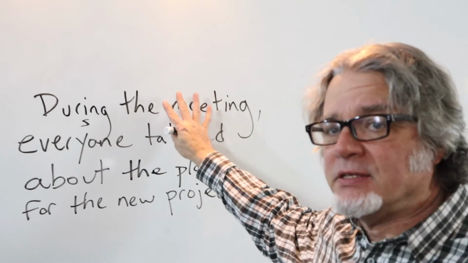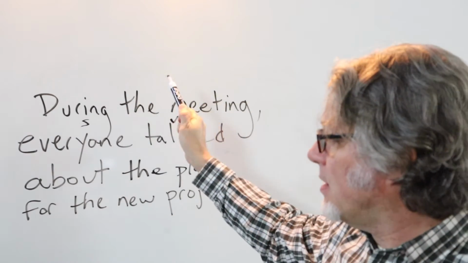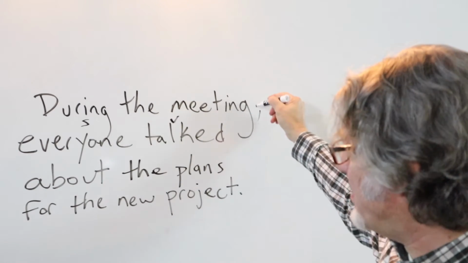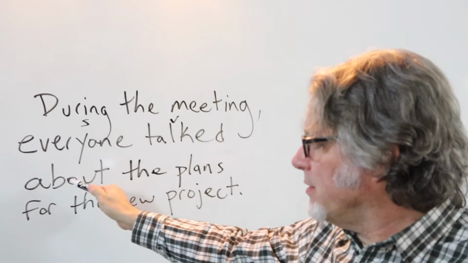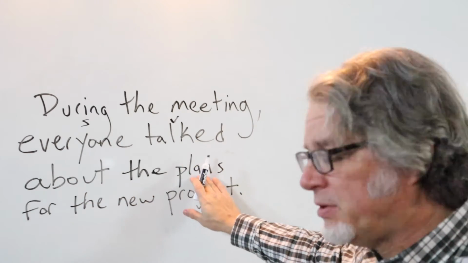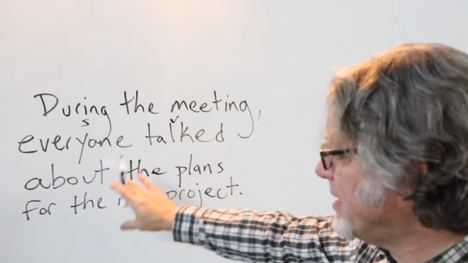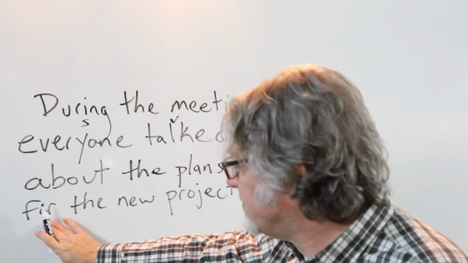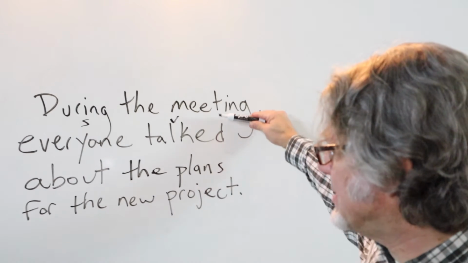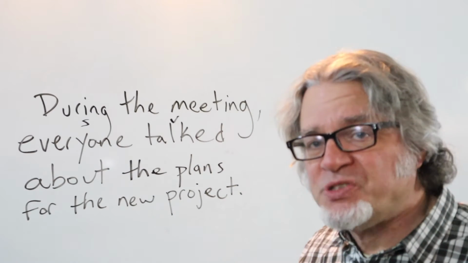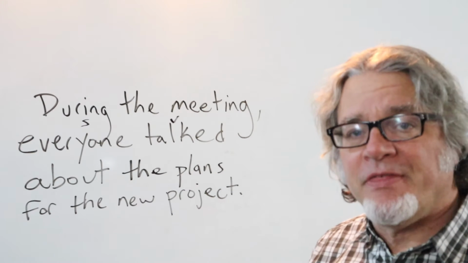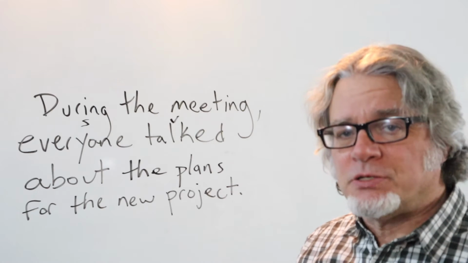But the rest of the sentence has a prepositional phrase here at the beginning, and then there's a comma, and then here's a prepositional phrase about the plans, and then here's a prepositional phrase for the new project. So there are 3 separate prepositional phrases in this sentence, and that's a very common thing to find in English.